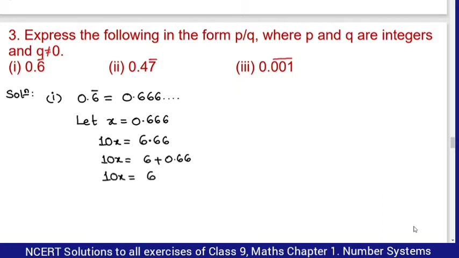Then 10x is equal to 6 plus x. Simplified, we get 9x is equal to 6, then x is equal to 6 by 9, or 2 by 3.